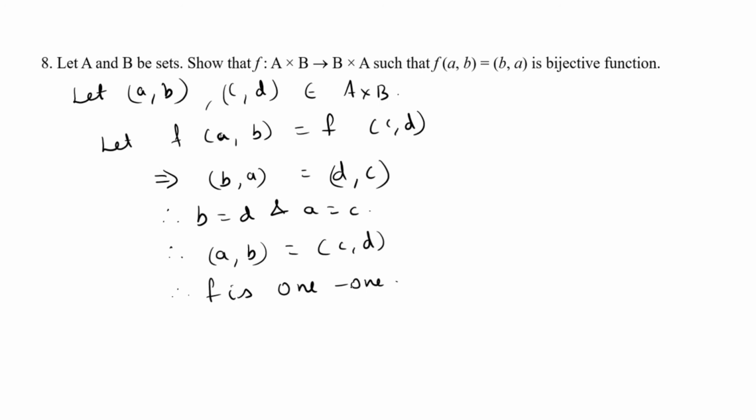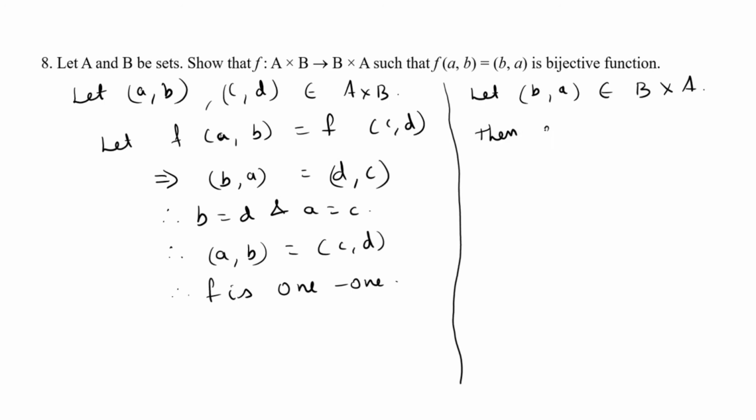Now we have to prove f is onto. So let us take (b, a) belongs to the codomain B × A. So if (b, a) belongs to B × A, then (a, b) belongs to A × B. This is by the definition of cross product.